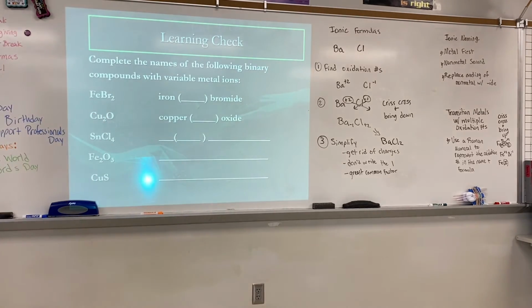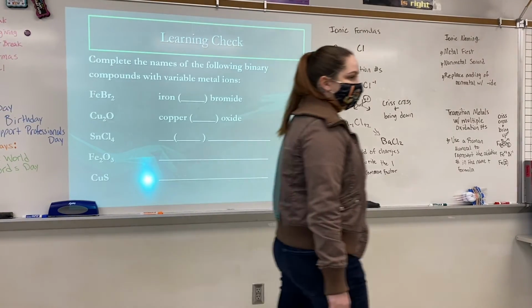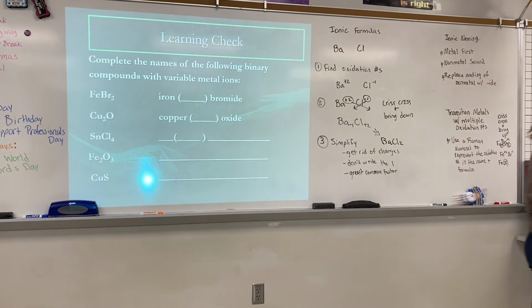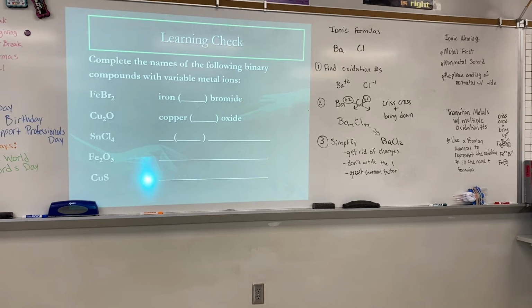So take a few minutes to work on these. So I'm giving you the formula and you have to write the name. So grab your numbers on the bottom, crisscross and bring them up. And then that is what your oxidation number is. And then your oxidation number for the metal is what the Roman numeral number will be.